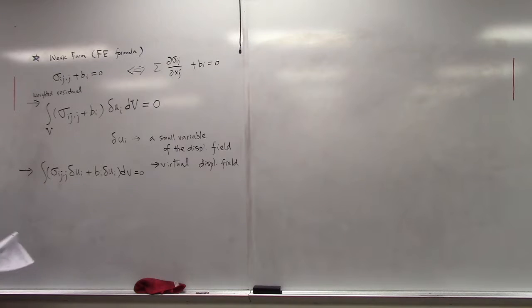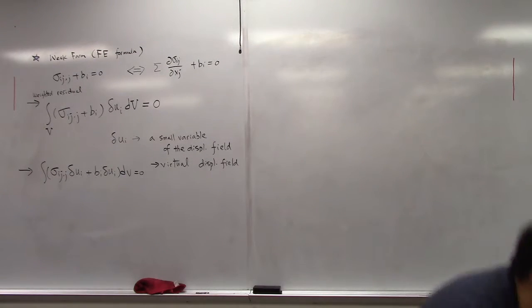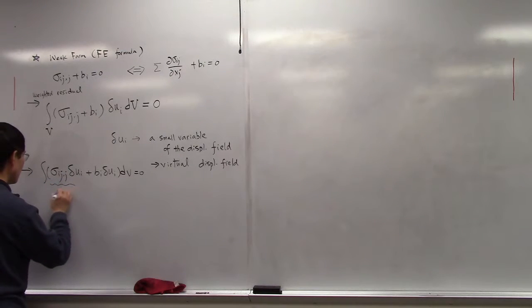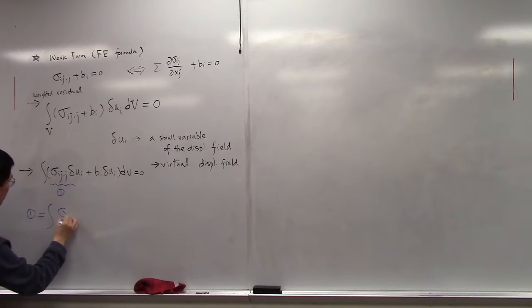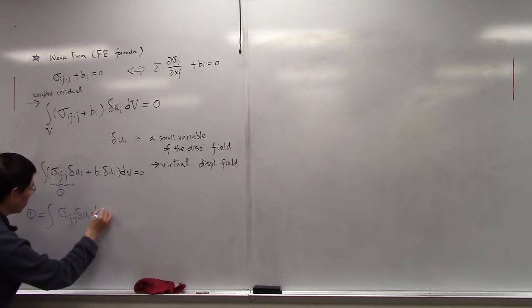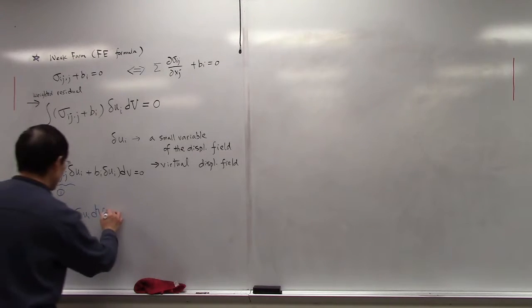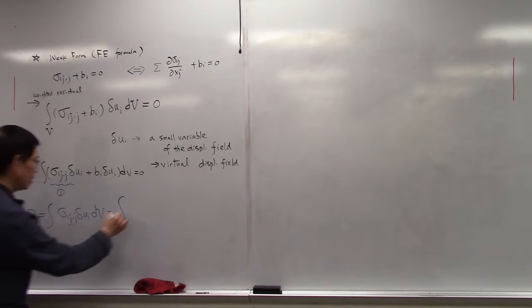Now let's focus on this term here. First term, which is equal to sigma ij comma j delta ui, integrated over the volume. We can write it as this. There is a differentiation here.